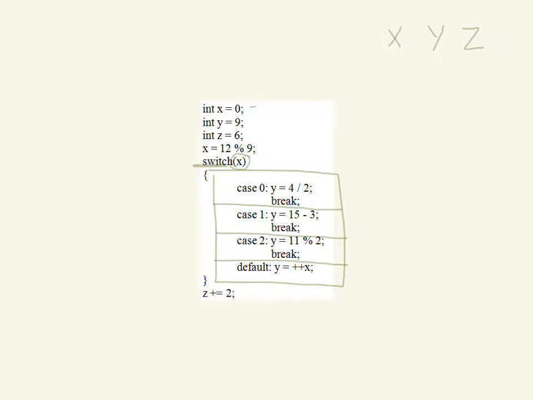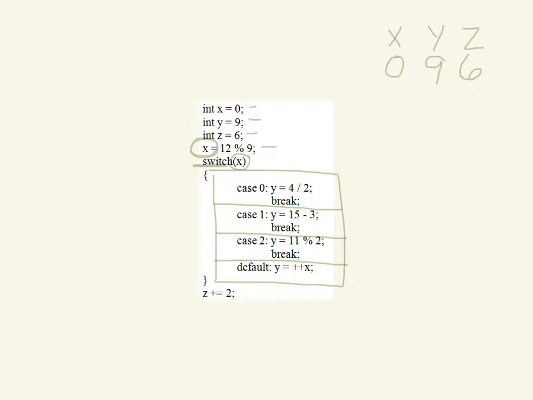Well, I start with this first line, X is 0. Go to the next line, Y is 9. My next line, Z is 6. In my next line, it's changing the value of X. I know that because X is on the left-hand side of the assignment operator.